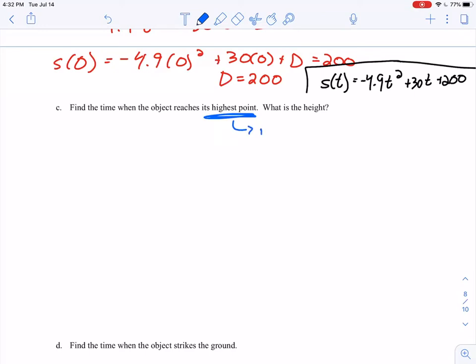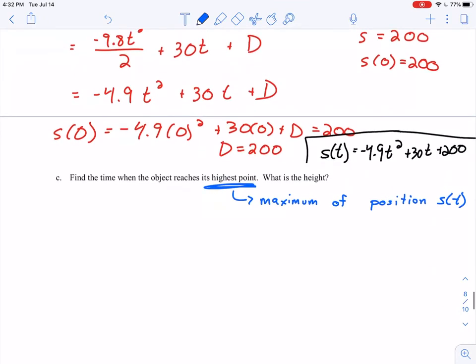That makes me think of a maximum of my position function, s of t. So essentially I'm looking for a maximum of the position function s of t. So we can still use what we know about derivatives here. You could look at this and say, okay, that's a quadratic. We're going to use the vertex formula, but there's no fun in that.